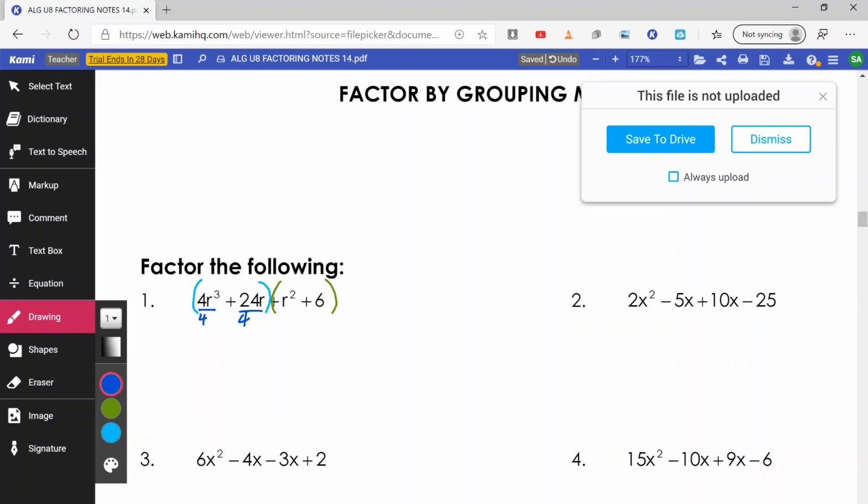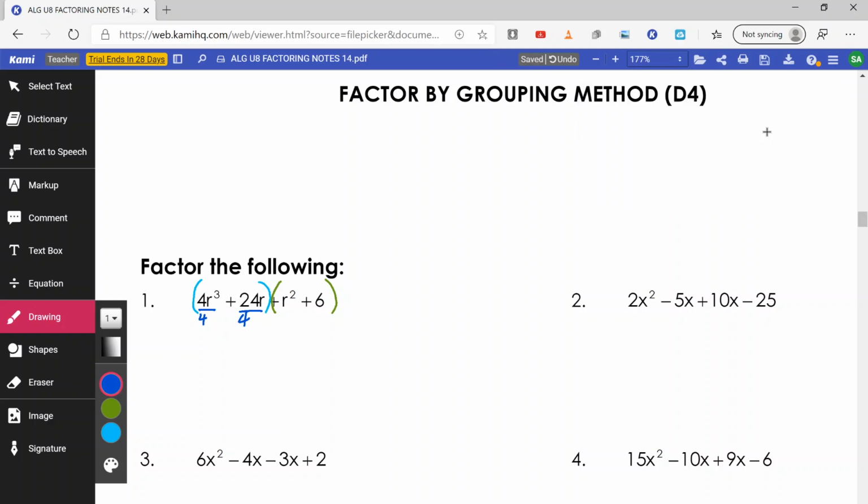And r cubed and r, we can pull off one r. So we're going to divide by an r. So we end up with 4r times what we have left, which is r squared. And then 24 divided by 4 is a positive 6, and then r divided by r is just 1.